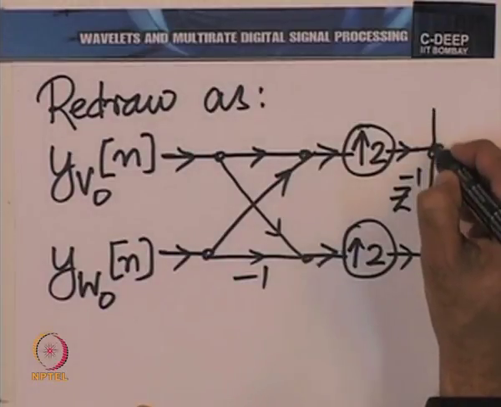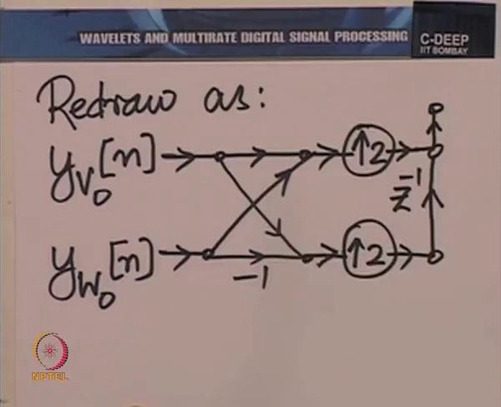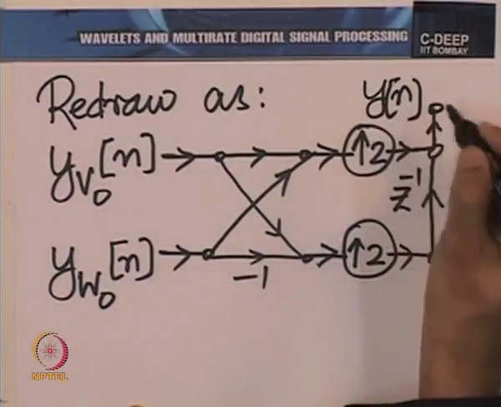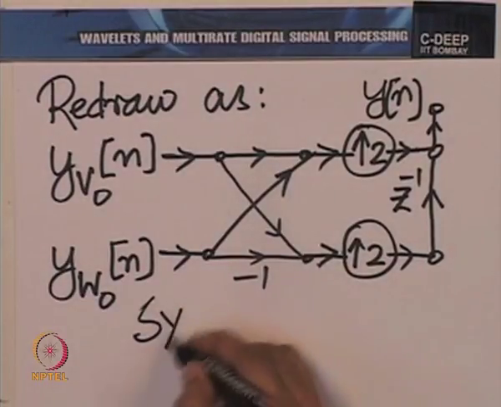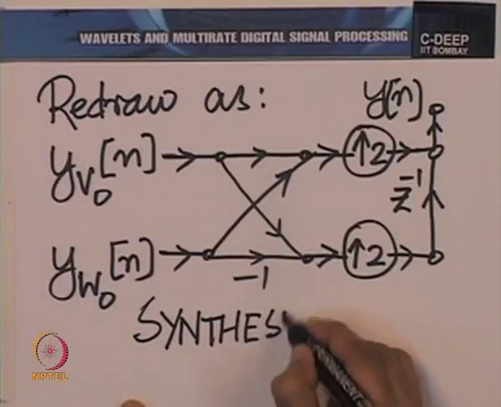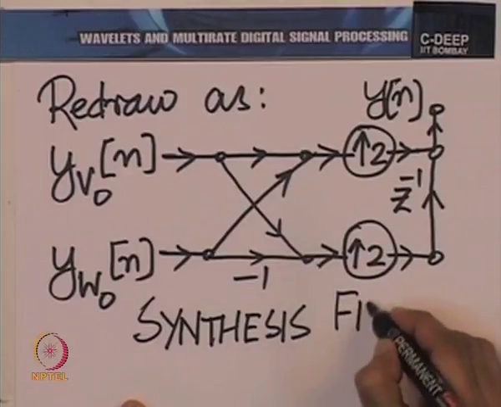And then you would have this together giving you the sequence that you desire, the sequence corresponding to y, which is y n. So, this is the synthesis process, or the synthesis filter bank.